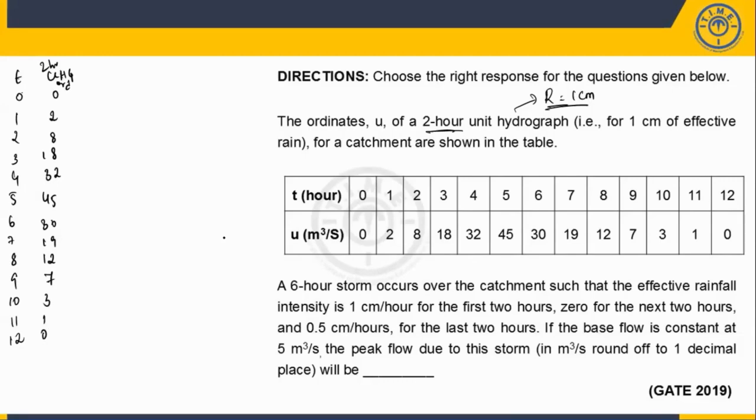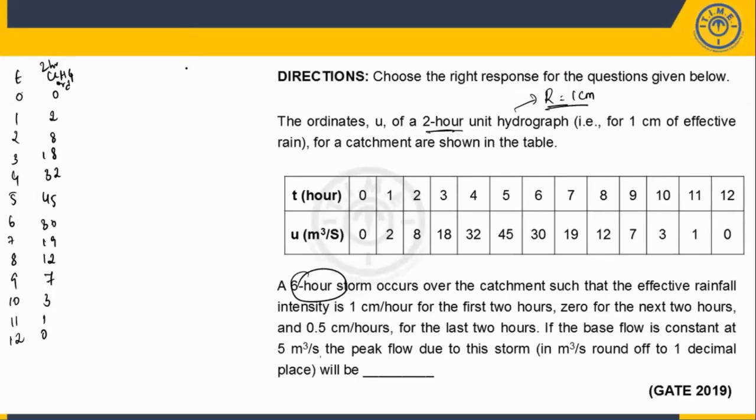What are we asked? A 6-hour storm is occurring. So how many shifts do we require? 3. First we want the first direct runoff hydrograph.